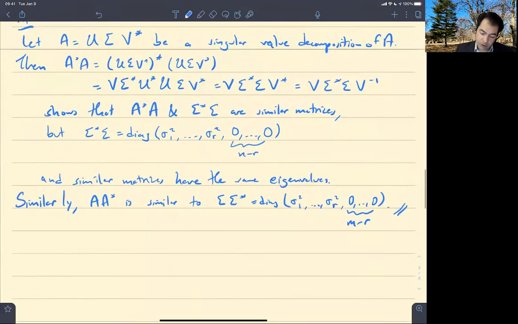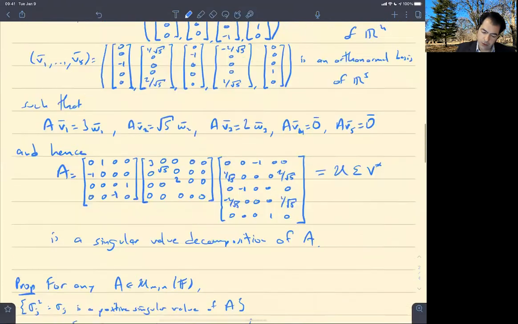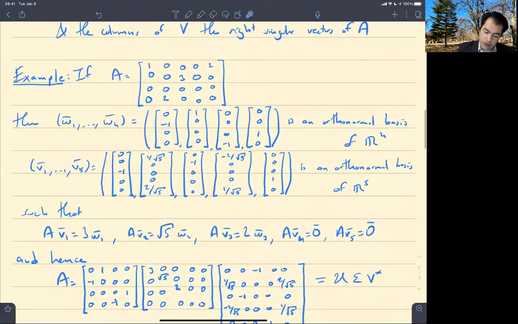Okay, so let's come back to our example. If you start with that matrix A, the first thing you want to do is find the singular values.